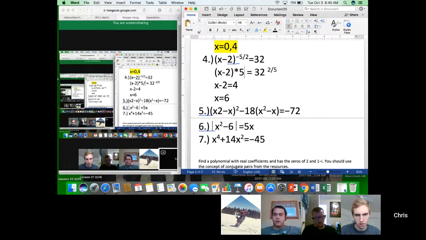Instead of just being x minus 2, it'd be 1 over x minus 2. Hey, can you put another set of parentheses around the x minus 2? Because the way it's written, it just looks like 1 over x minus 2.